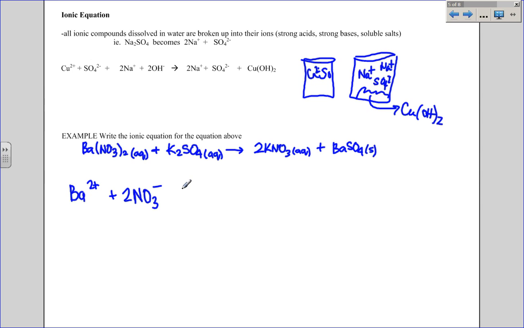Next one is potassium sulfate. This breaks up because it's soluble. It will break up into K plus and SO4 2 minus. There are 2 potassiums and 1 sulfate.